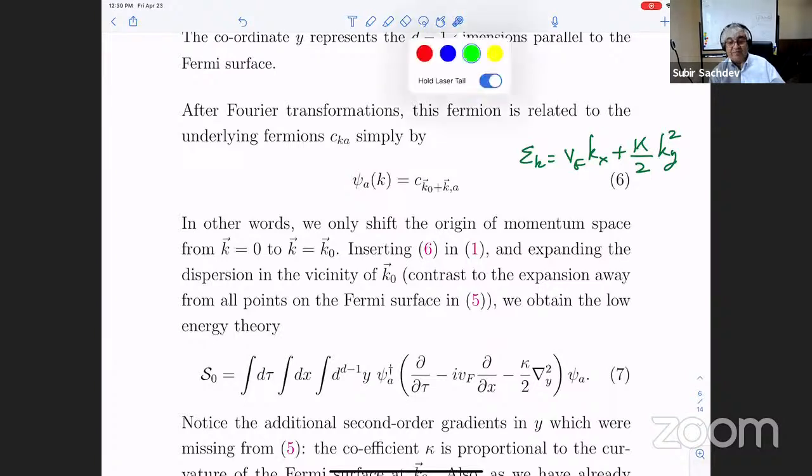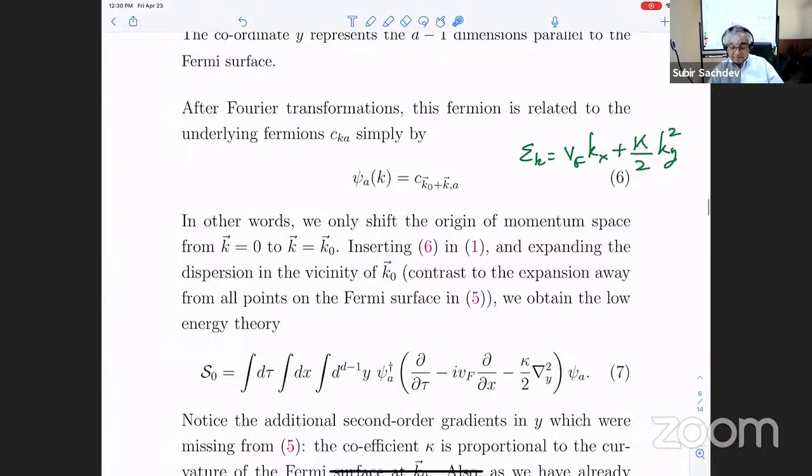And we do have to keep track of kappa to understand quasi-particle scattering. Put kappa equals 0, which is what the chiral fermion model was, the 1D chiral fermion, then you get nonsensical answers when you try to compute anything involving scattering.